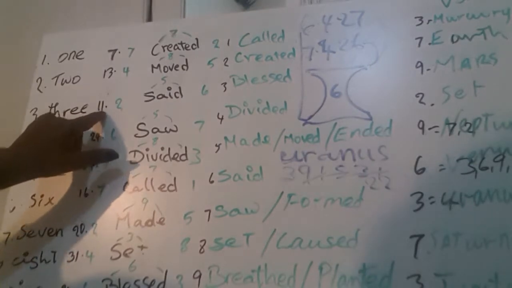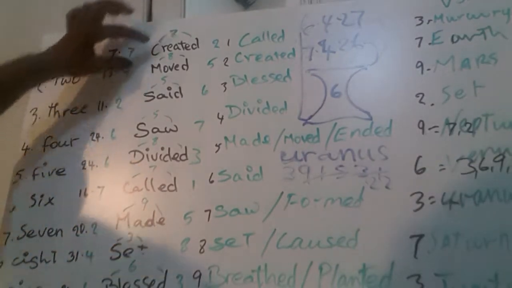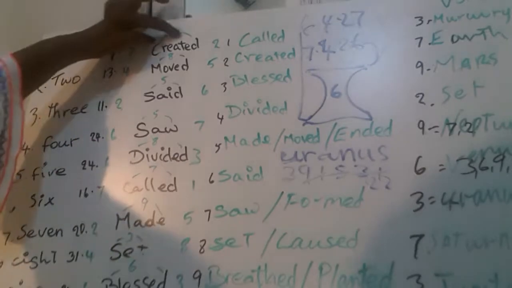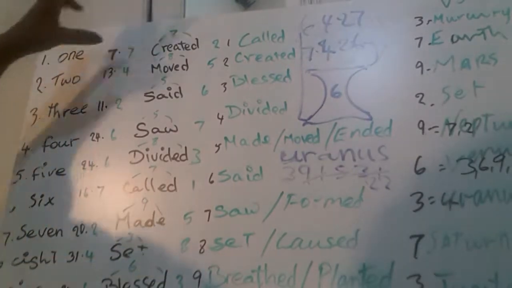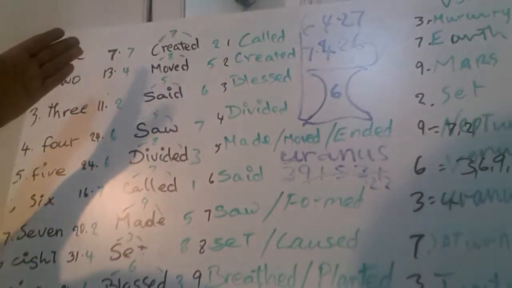We can see how 11 is actually coinciding with creation, which is number 2. We can see how 3 and 2 is really interrelated.